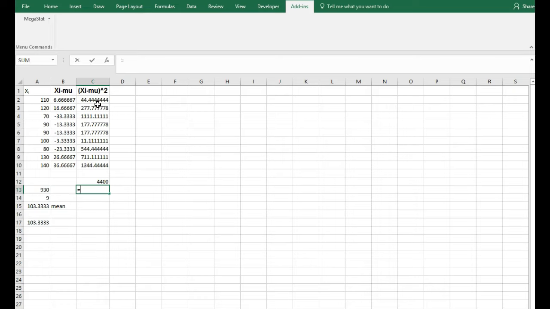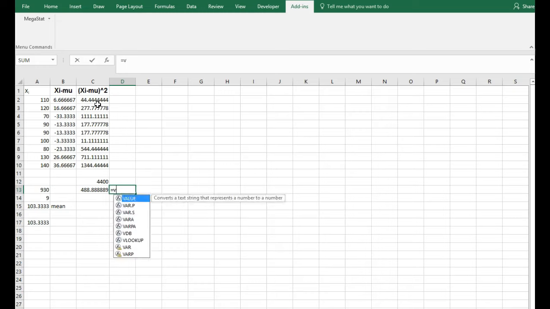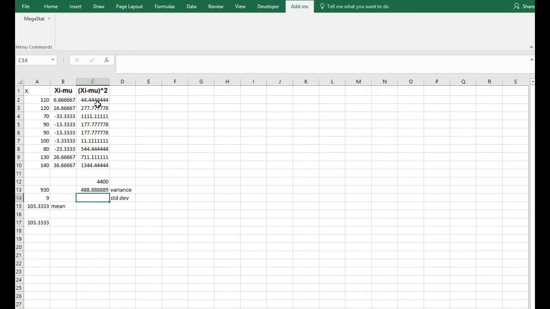So that's the sum, say that divided by n. And this is going to be our variance. And then if we want the standard deviation, we'd say the square root of that.